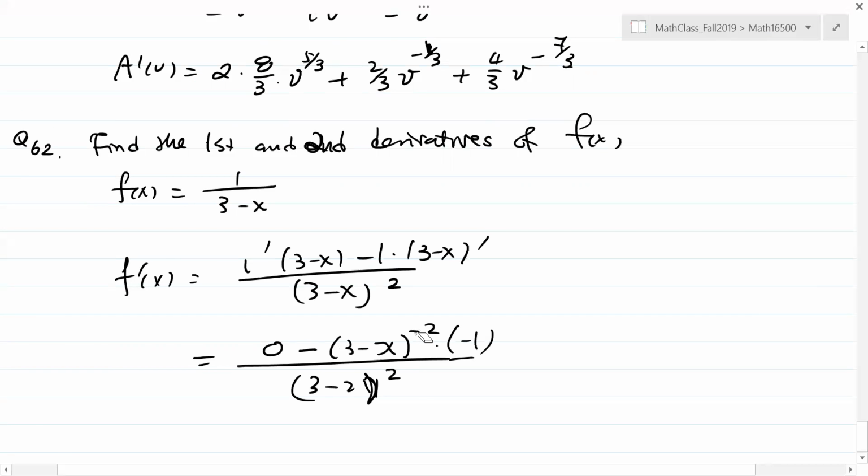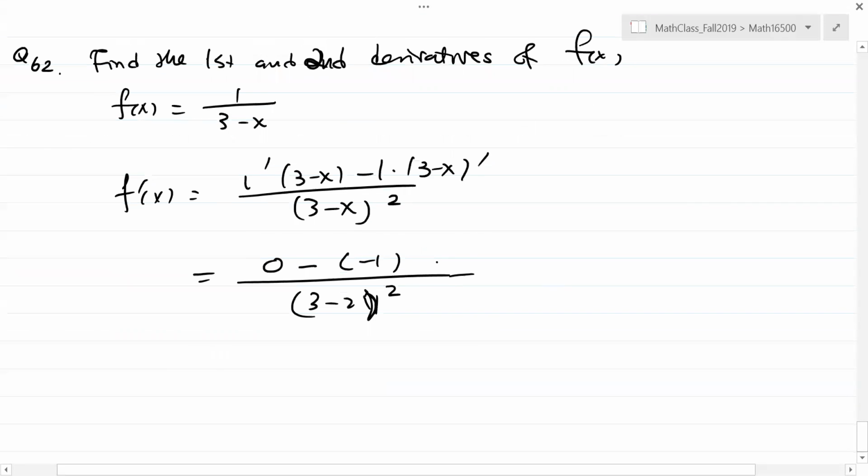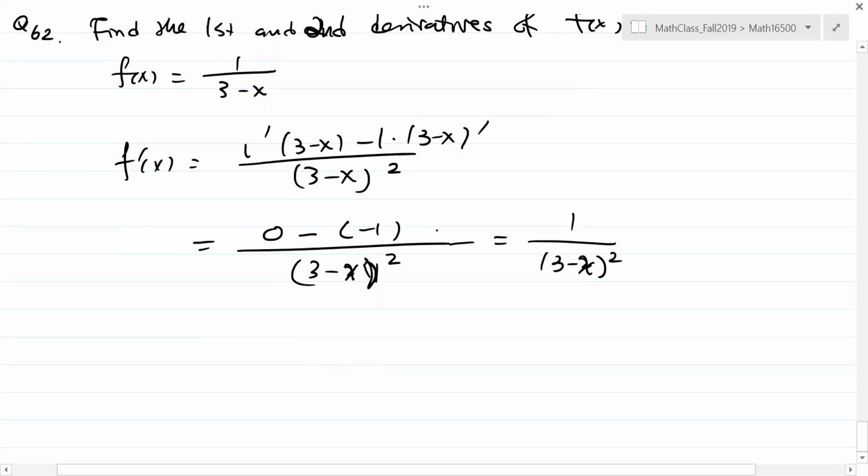There's no such term here. I shouldn't line it together just like this. Okay, so here it's going to be negative 1, right? So the derivative of 3 minus x will be just negative 1. Okay, so the answer will be 1 over (3 minus x) squared. Okay, that's the first derivative.